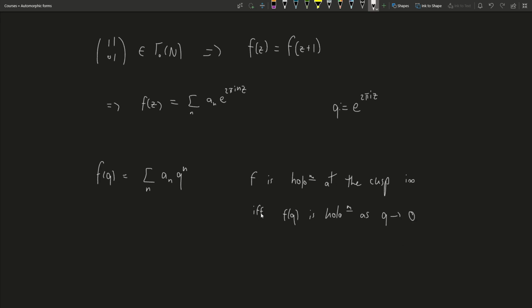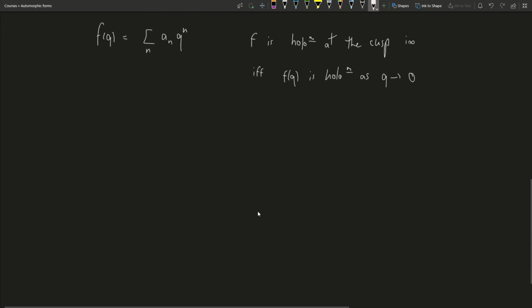So we're thinking of q now as being a function, say, on some disk centered at the origin, punctured at the origin, and has to be holomorphic at the origin as well. And then to make sense of this at the other cusps, we can think of f of sigma sub a, z.